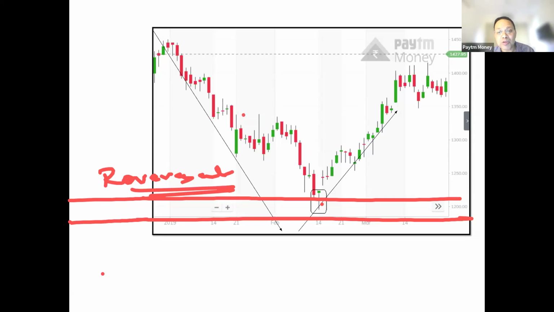Now, nowhere else did you see such strong buying. As soon as price reached the demand zone and entered it, what did you see? You have seen huge buying emerge, and because of which this candle was formed. So the moment you see this candle in the demand zone, your probability goes up many times that this demand zone is going to be respected.